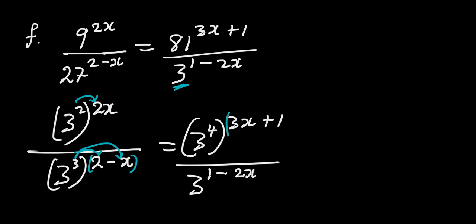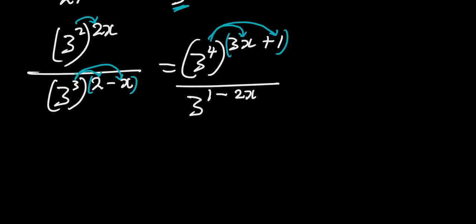And then we can also put this in parentheses and distribute this 4 into this 3x and also into 1. Alright, so when we do that, then this equation becomes 3.